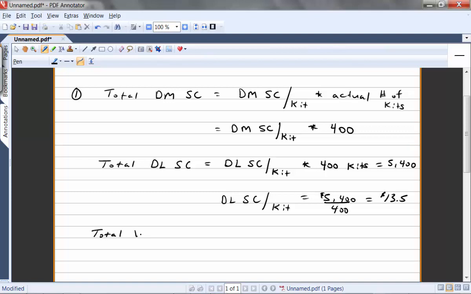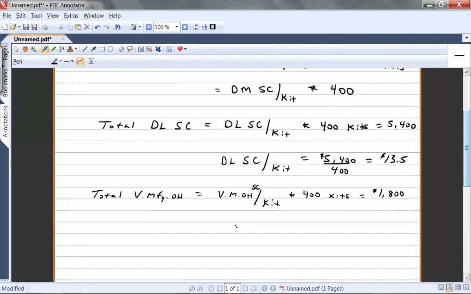The total variable manufacturing overhead is equal to the variable manufacturing overhead standard cost per kit times the actual number of kits, and we know that equaled 1,800. They told us that. So we can figure out the variable manufacturing overhead.